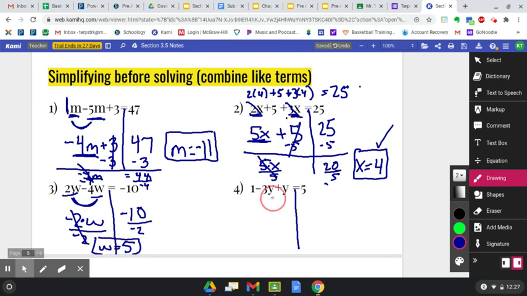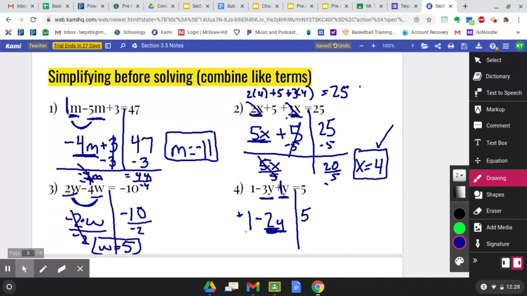Over here, my like terms are negative 3y and positive, remember that's a 1y. So those are my like terms. So I should have 1 minus 2y equals 5. So again, here's my variable term. So I want to get rid of this number, which is a positive 1.